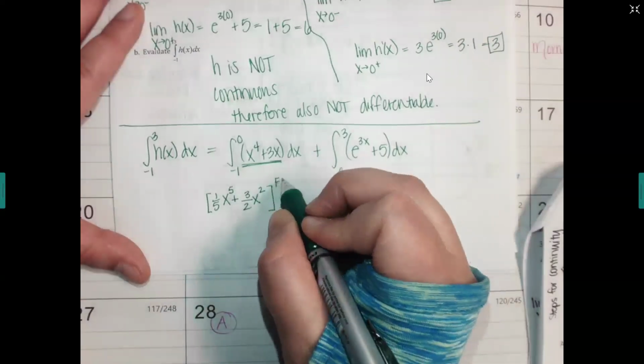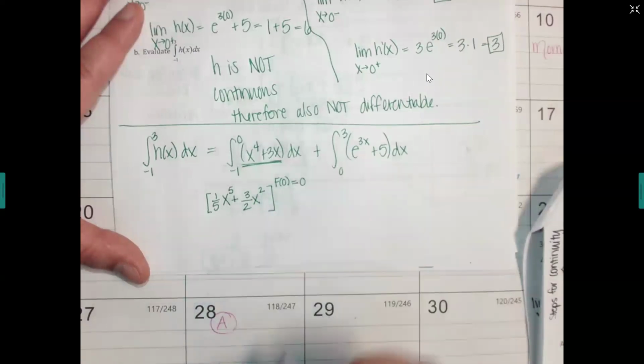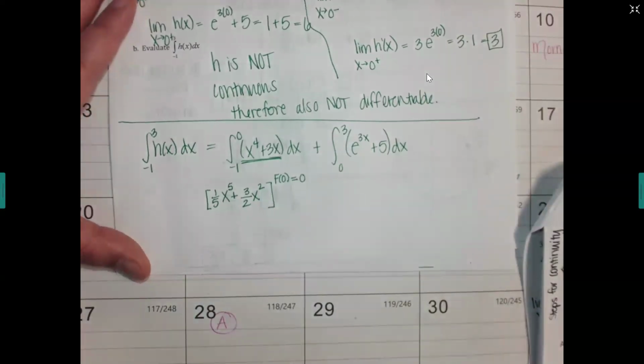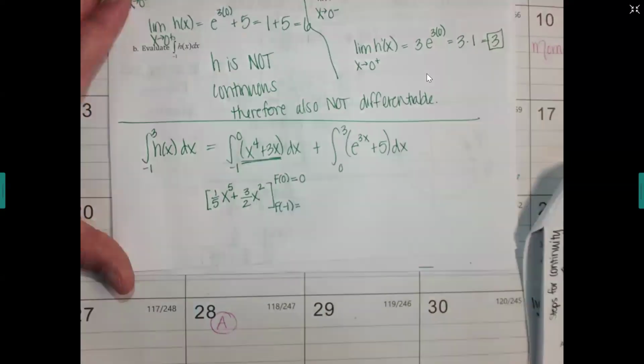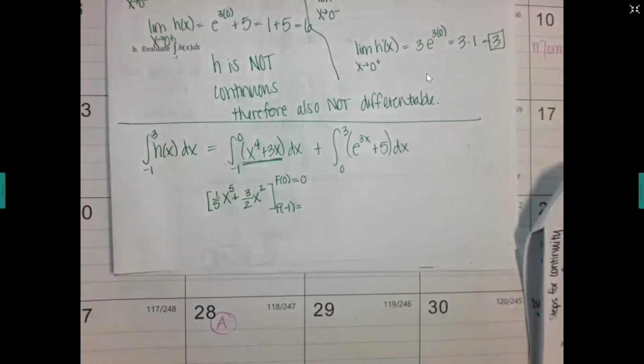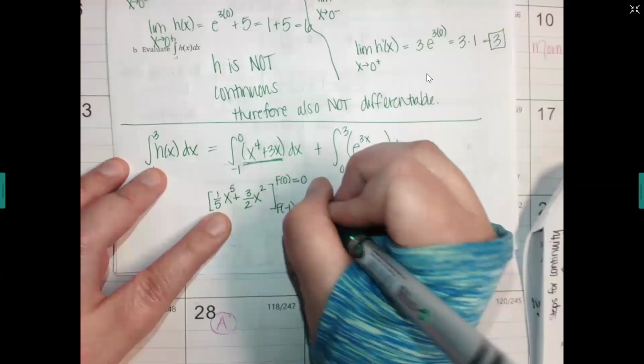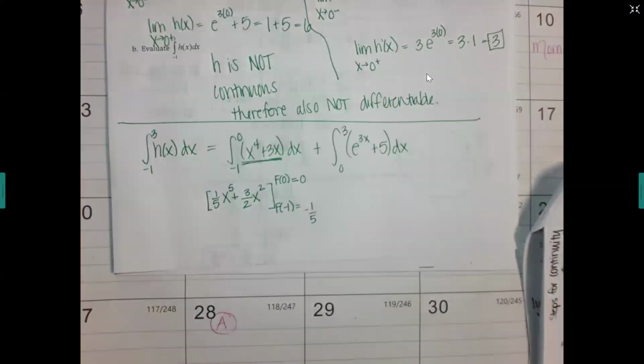Now, if the top endpoint is a 0, we know that's just going to come out to a 0. On the bottom, I'm plugging in a -1. What is -1 if I raise it to the 5th power? Still minus or switches to a plus? Still minus. And then what is -1 if I plug it into a squared? Still negative or positive?